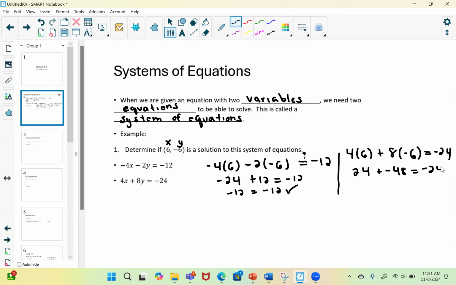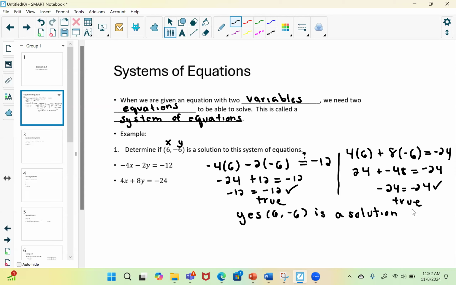We're trying to see if this is -24. If you do 24 plus -48, you can do it in your calculator if you're not sure, you should get -24. So that works, and so make sure you answer. We're going to say yes, 6, -6 is a solution. So it has to result in two true statements to be a solution.